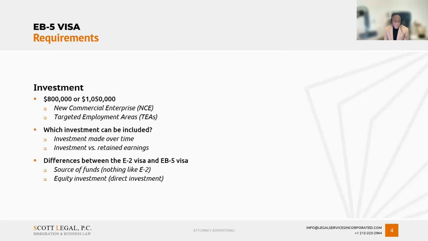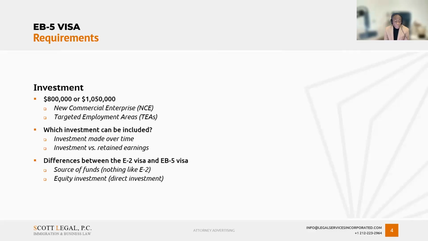The overwhelming majority of the investments are going to be at the $800,000 mark because over 90% of the EB-5s that are done are regional center EB-5s, and those regional center EB-5s always will be set up such that the investor is able to invest the lower amount. So that is very common.